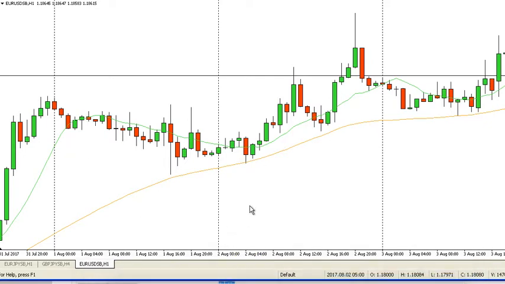The only addition I've added on this one is I want to see price retrace to the fast moving average before you take your trade.